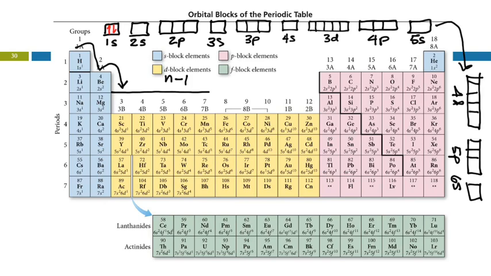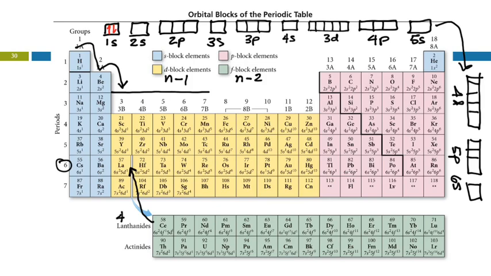If the D block sunk down 1 level, the F block sank down 2 levels. So when you're looking for the quantum number for the F, you take the period minus 2. So this belongs right up in here. Period 6, 6 minus 2.